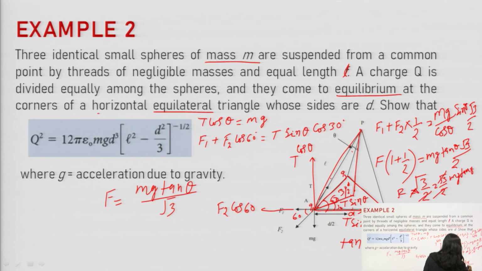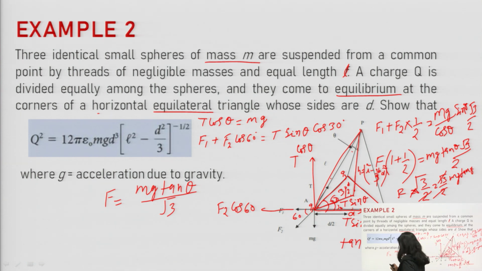We can write H as the hypotenuse, that is, L square minus this 2/3 D squared, which is 4/9 D square. In this way we will calculate the tan theta value.